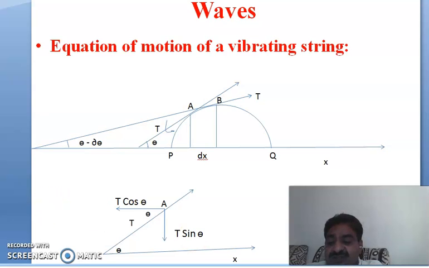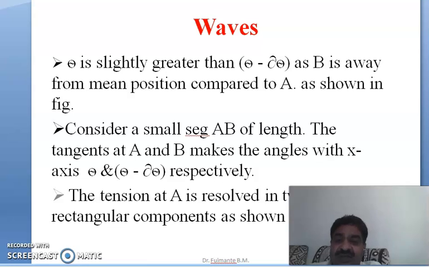Now let us turn towards the next point. Theta is slightly greater than theta minus delta theta, as B is away from the mean position compared to the position of point A, as shown in the figure. But we have considered that the distance between these two points A and B is very small.